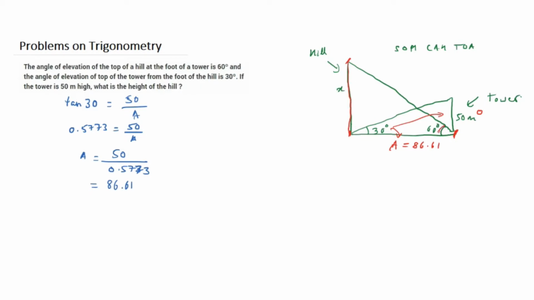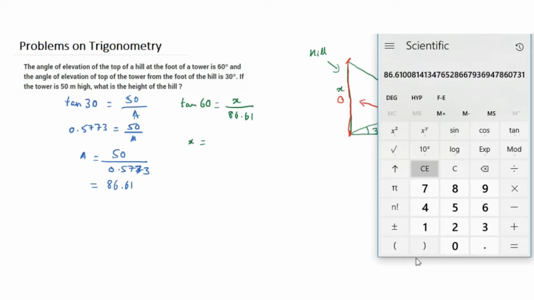Now we look at the larger triangle. So we have the angle given here, which is 60 degrees. The side adjacent to that is this, and the side opposite that is this. So opposite and adjacent, again we'll use tan. So we can say that tan 60 is going to be opposite, which is x, over adjacent, which is 86.61, or we can say that x should be equal to tan 60.